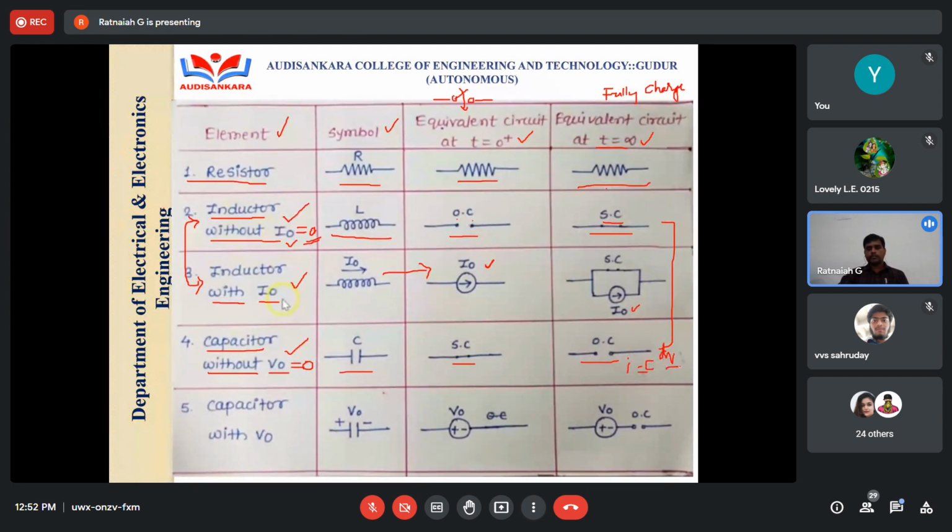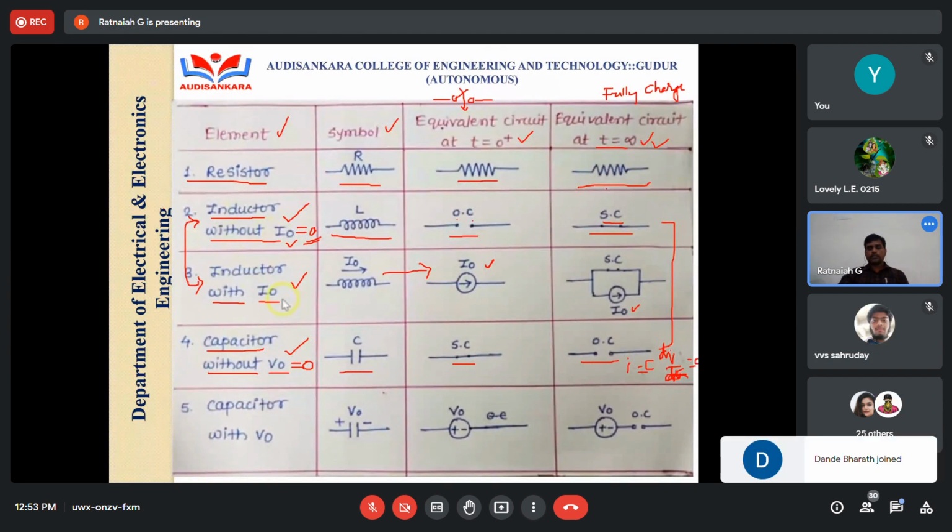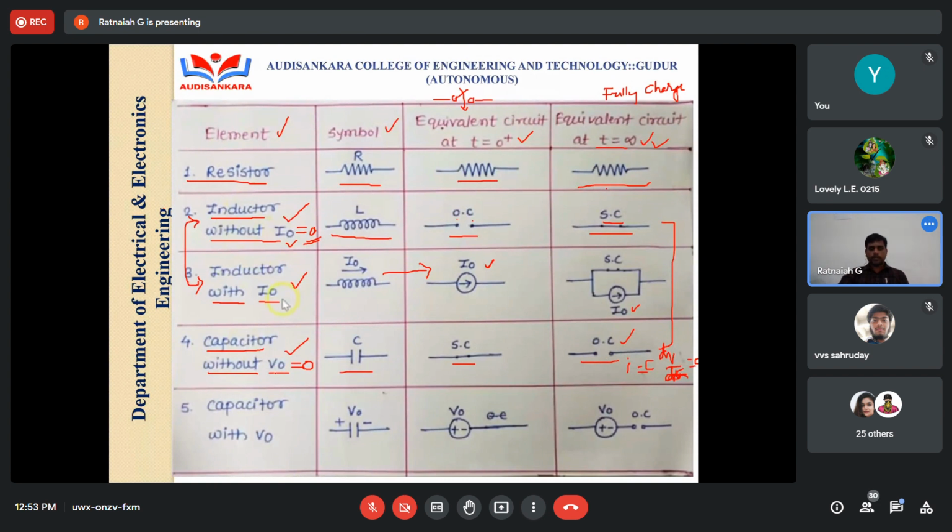Here I take t equal to infinity. When I substitute t equal to infinity in the denominator, it becomes 0, that is, the current through the capacitor is 0. When the current is 0, it is an open circuit. Therefore, at steady state, the capacitor behaves like an open circuit. This is all for the capacitor without initial voltage.